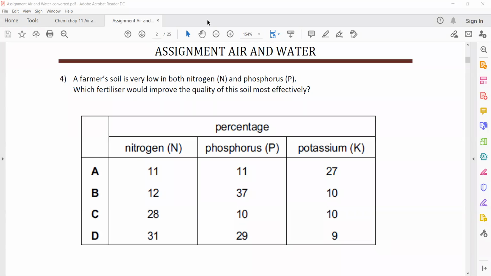Yes, D is the right answer, because fertilizer D has a higher proportion of nitrogen and phosphorus, and the soil is low in nitrogen and phosphorus. That's why fertilizer D is the correct answer.